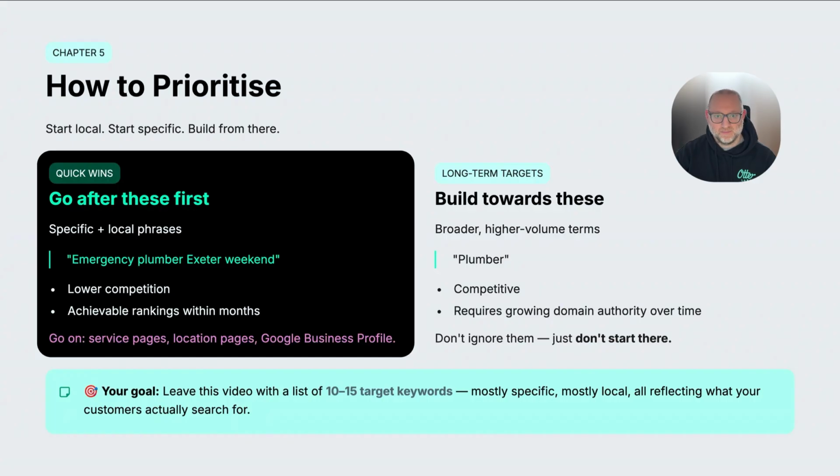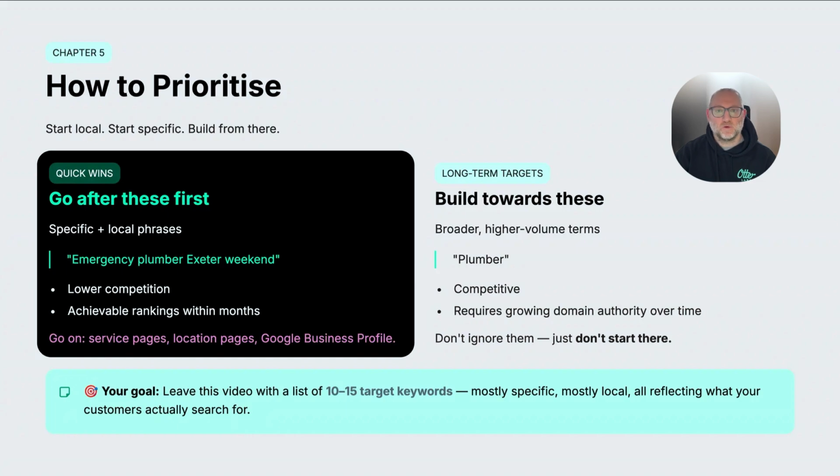But emergency plumber, Exeter, weekend, has far fewer searches and far less competition. Ranking for this is achievable, and the person searching it is highly motivated. They need someone now.